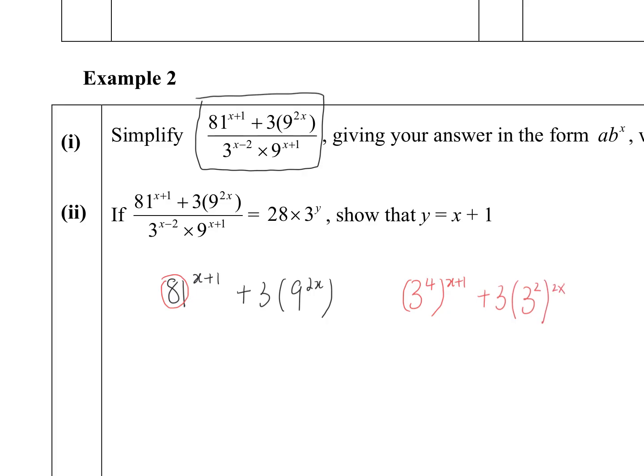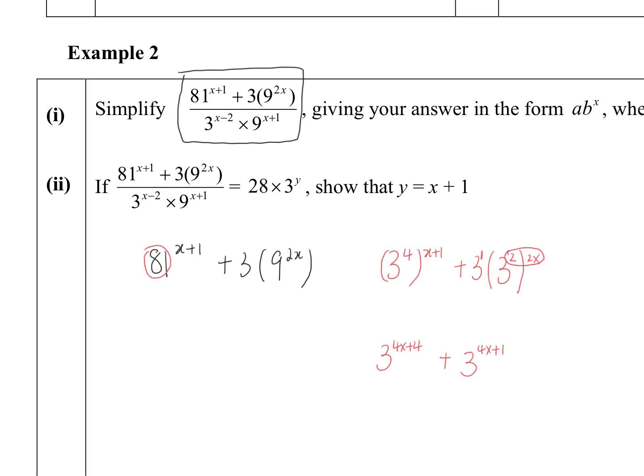So to simplify it, I eventually get the power to become, this one is 4x, right? And then there's a 1 here that you add. So 4x plus 1. Okay? So you can see this. Then at the denominator, they also have base 3.